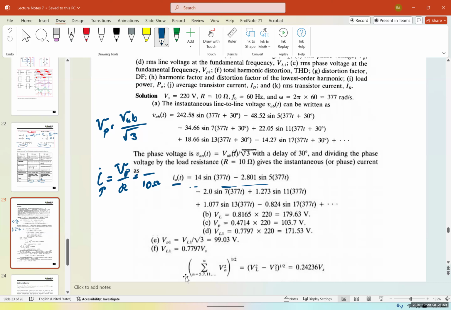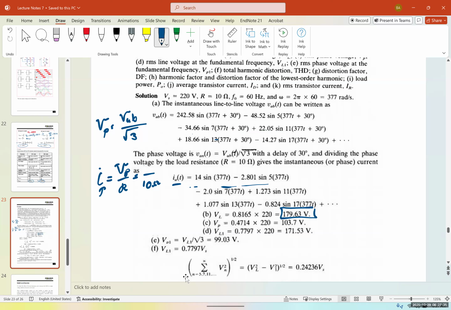The line voltage, again, we can find by combining all the Fourier series terms that we have, and it's going to give us 179.63. Doing this manually is going to be difficult. You're not going to have a question like this on your exam.